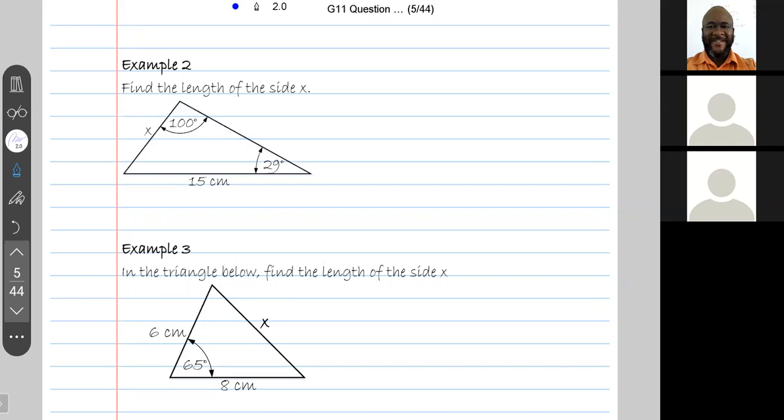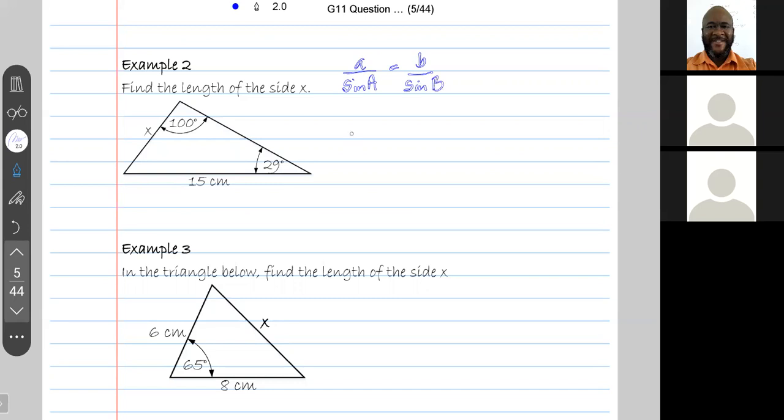I also told you, whenever I'm using sine rule, I always start with what I want. So sine rule would be A over sine A is equal to B over sine B.